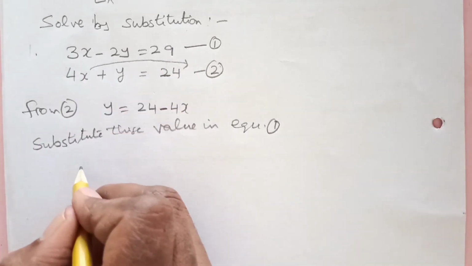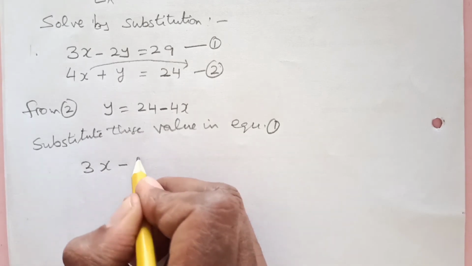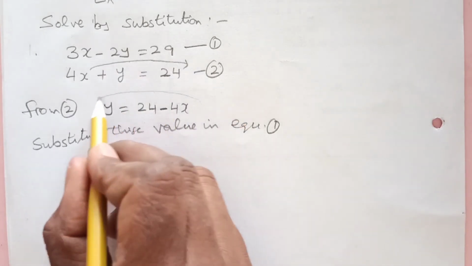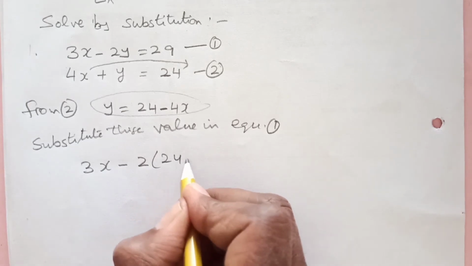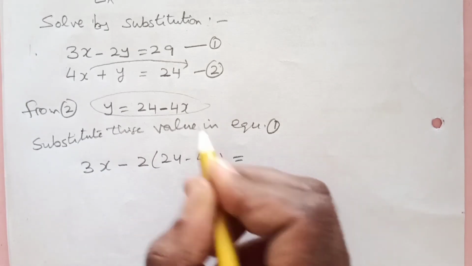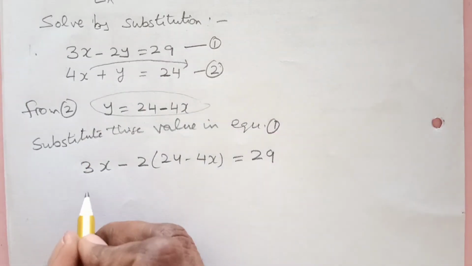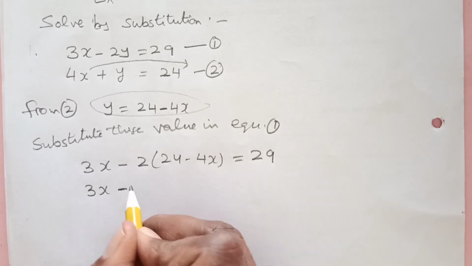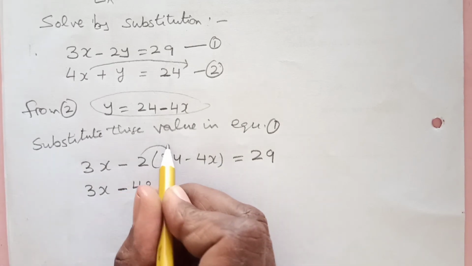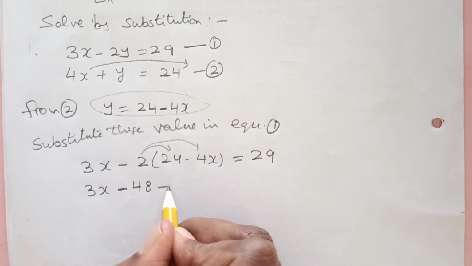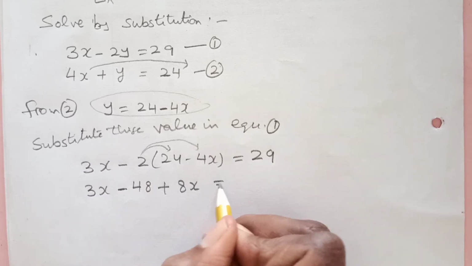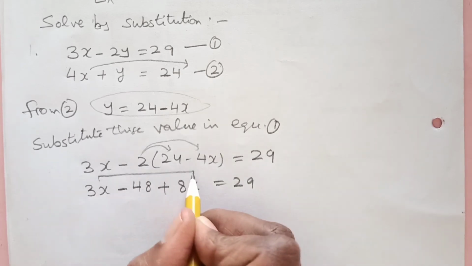So from 1 we have 3x minus 2y. Y is now this, 24 minus 4x, equals 29, right? So this is 3x minus 48, multiply inside, minus minus plus, 4 times 2 is 8x, equals 29.